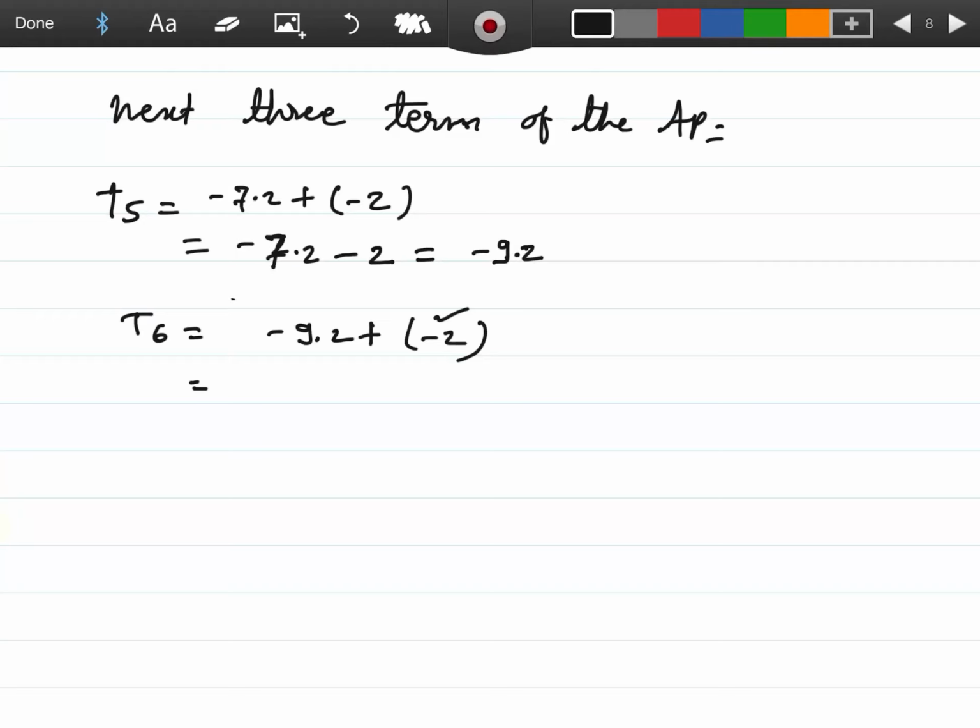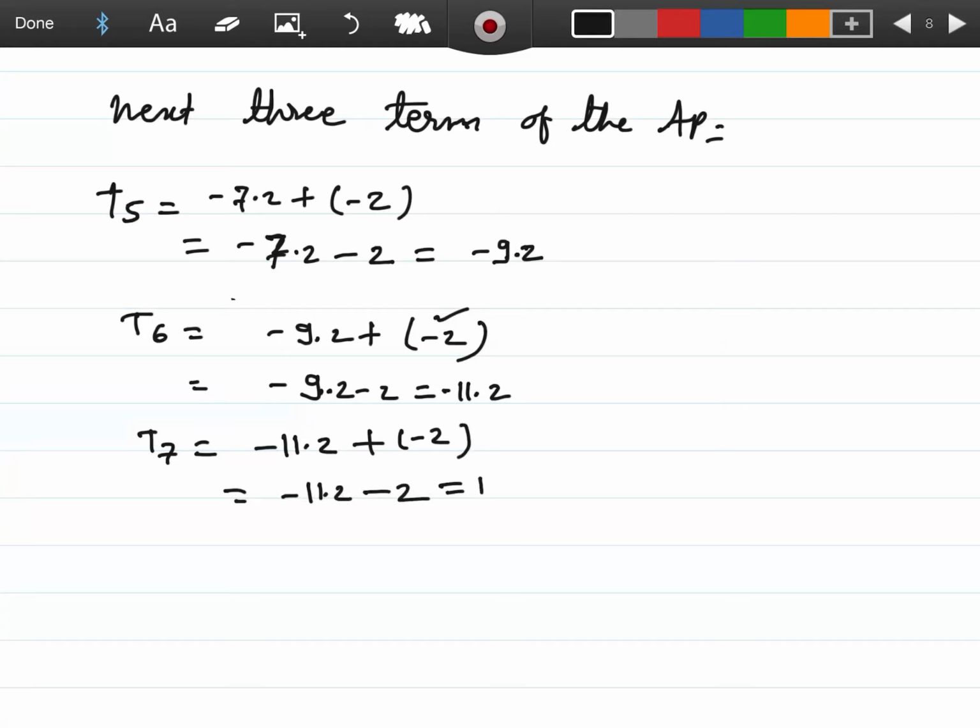So the next term is -7/2, and T7 will be -4.